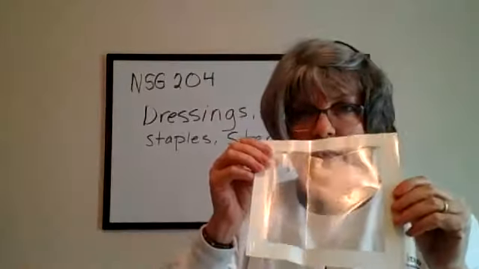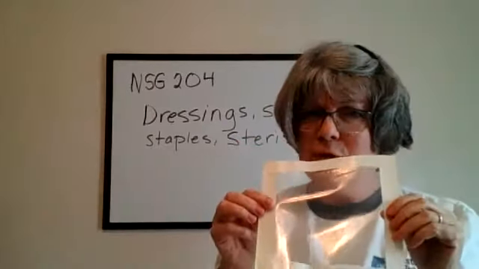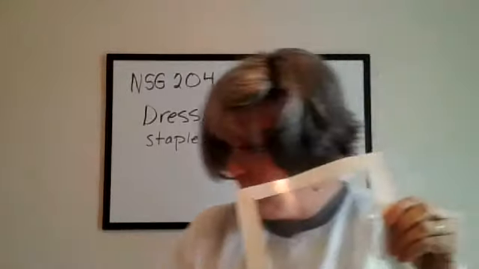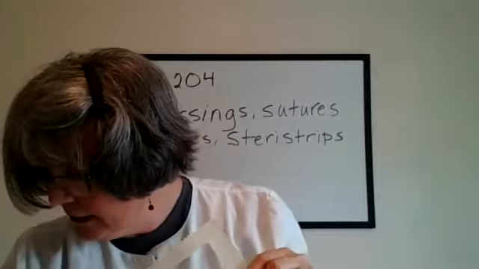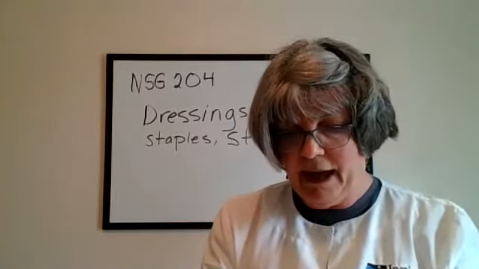This is a plastic window that you can put over a dressing. I usually don't see these very much anymore, but you might have this sort of dressing, like what is used over IV sites, if you're familiar with that.